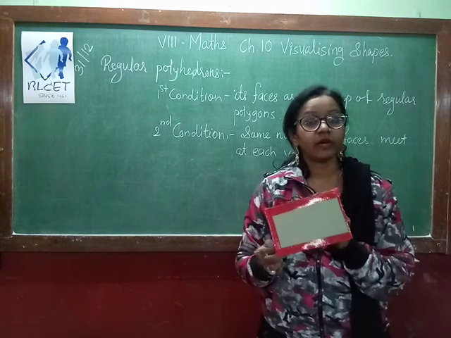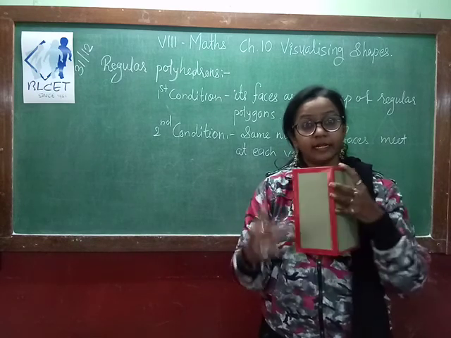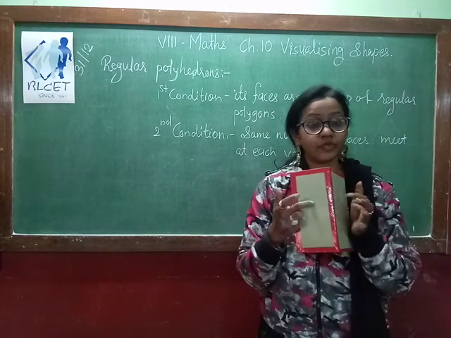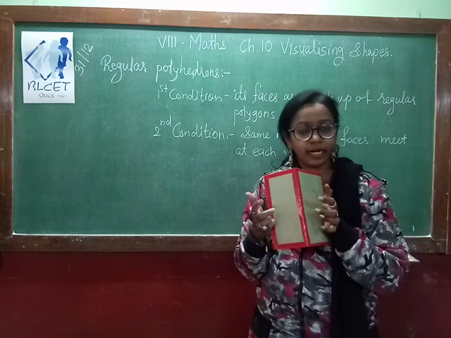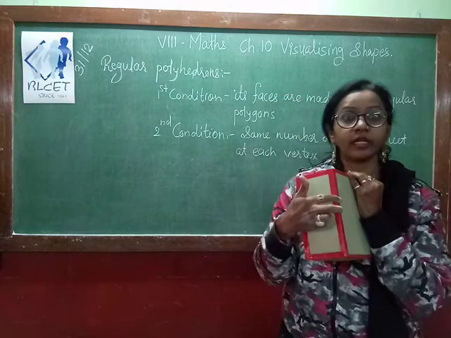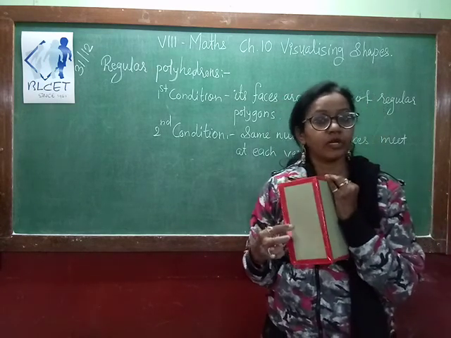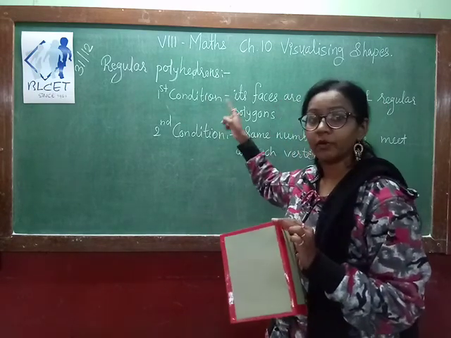They all are not regular. The area of this face is less than the area of this face. So these 2 faces are not the same. Though it is a rectangle, these 2 faces are not regular. A regular face is not present in the cuboid. So what we can say? Cuboid is not a regular polyhedron.